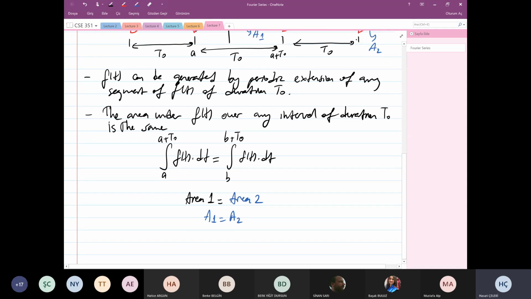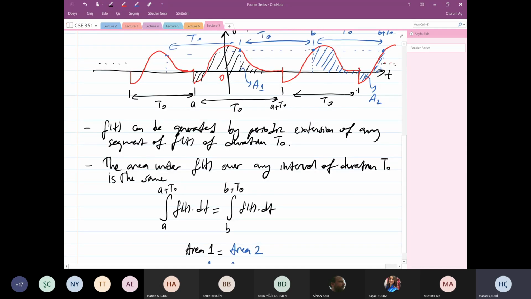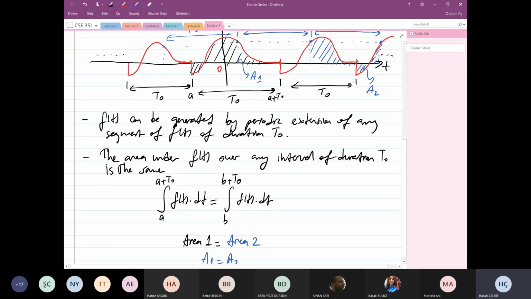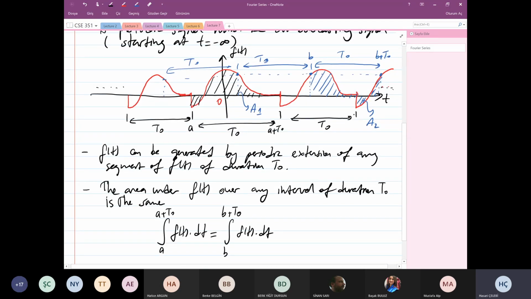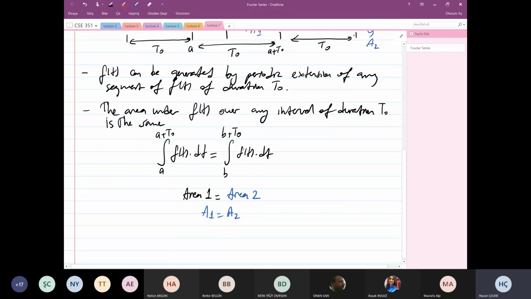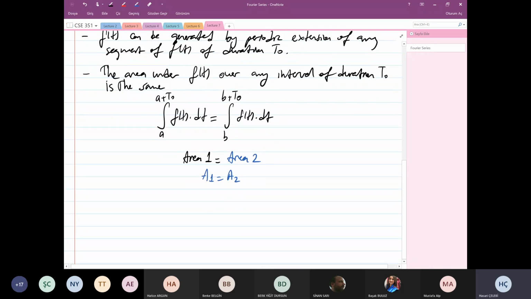If these signals are periodic, if you take any segment that has a duration of T0, the area under it is equal to the area under any other segment that has a T0 duration. The area under both regions is going to be equal to each other, according to this property of the periodic signal.